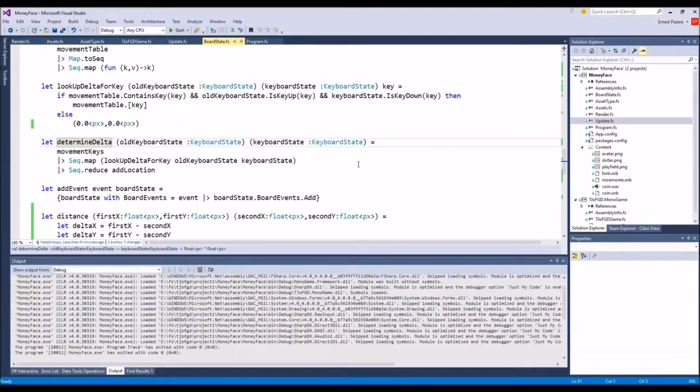So actually, alright, we're going to say movement table contains key and the keyboard state, the key is down. Yes, this is exactly what we want to do. So if the key is down, and the movement table has the key, then we're going to return that up in our lookup, and when we reduce, we're going to add the location to combine them together.